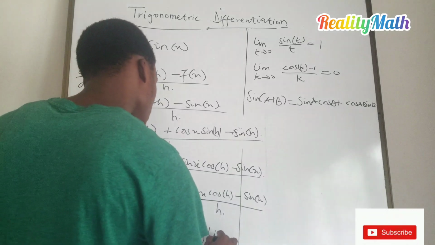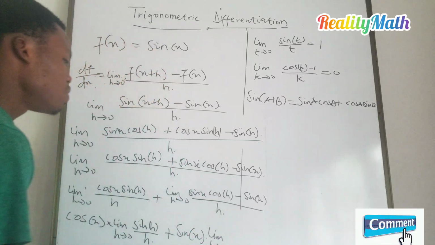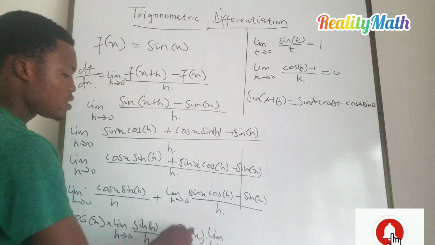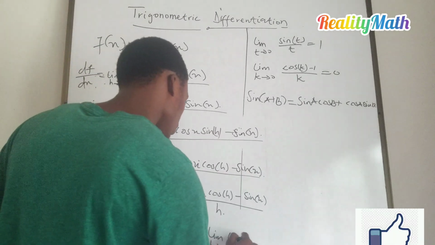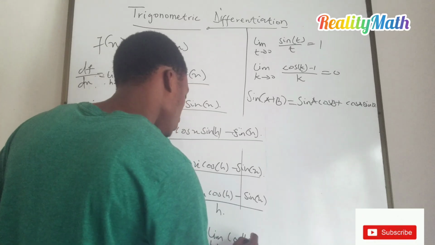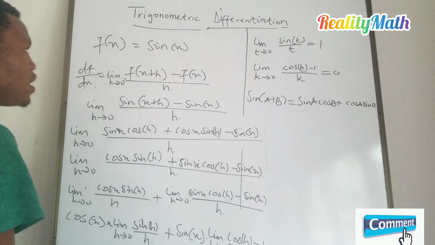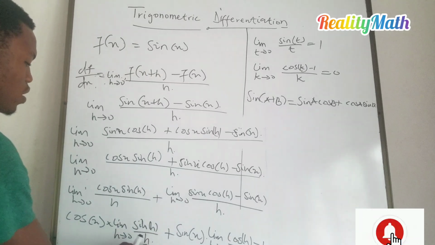Now we have the limit as h approaching 0, and factoring out sine x, we are left with cos h minus 1 all over h. Now mind you, the first limit will give me 1.